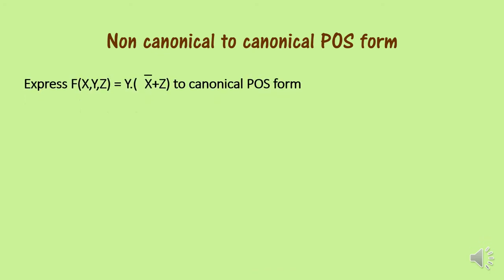In this slide, we can convert a non-canonical POS form to canonical POS form. How is it possible? So this is the expression. Express f(x,y,z) function equal to y dot (x bar plus z), which is a non-canonical form of POS function. We can convert it to the canonical form of POS function.